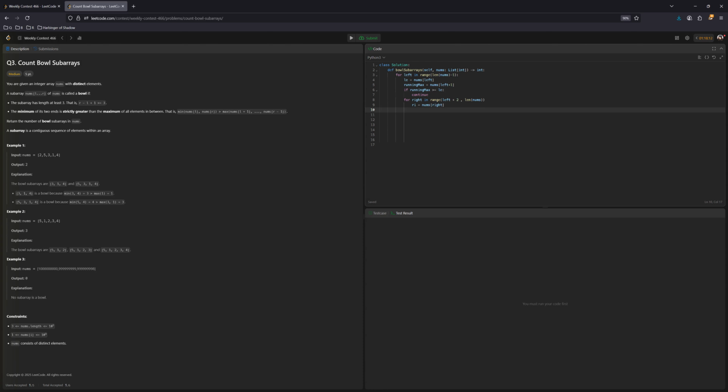Okay, it can be, if Ri is greater than or equal to LE, CNT equals 0. CNT plus equals 1, but also break, because there's nothing more that we can do. That has to be the end.